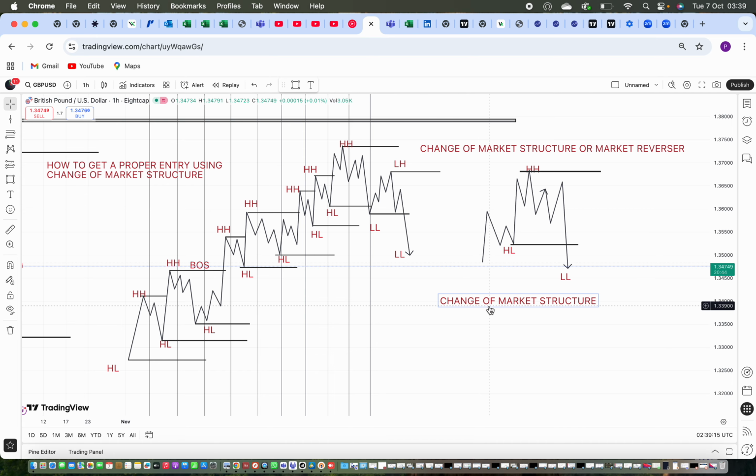That means the bullish market that we once had, that was known as an uptrend, has become a bearish market or downtrend. All right, I hope you are learning.